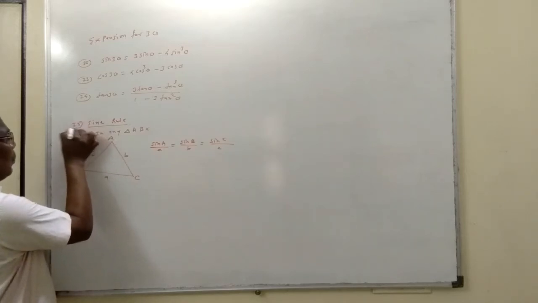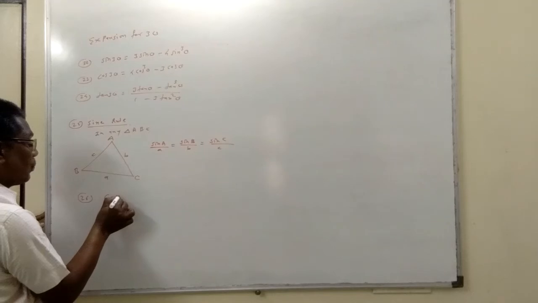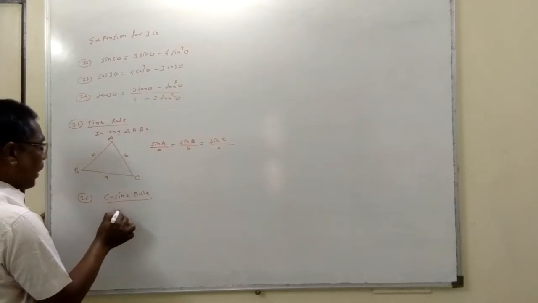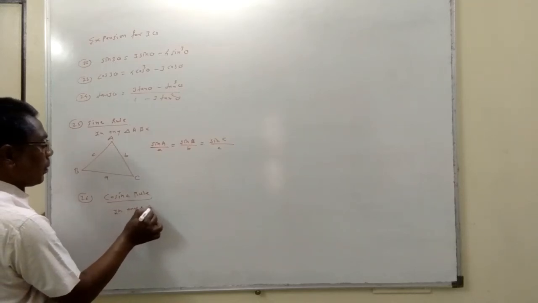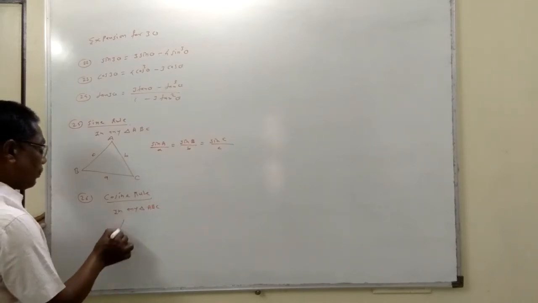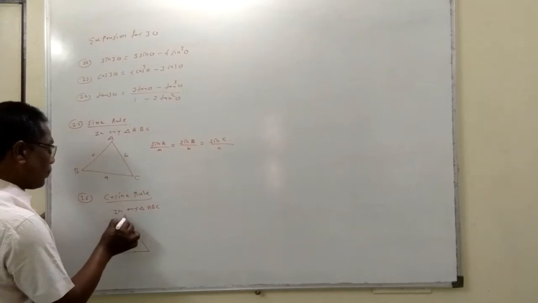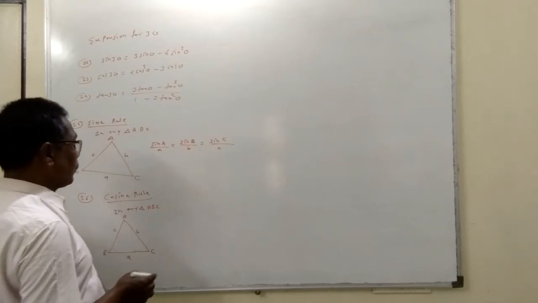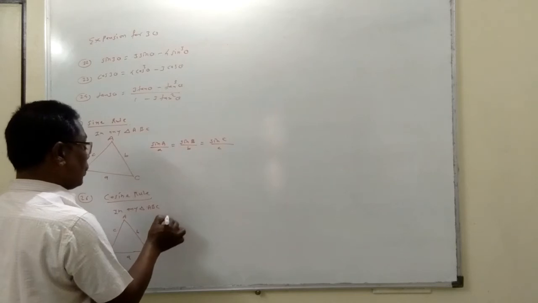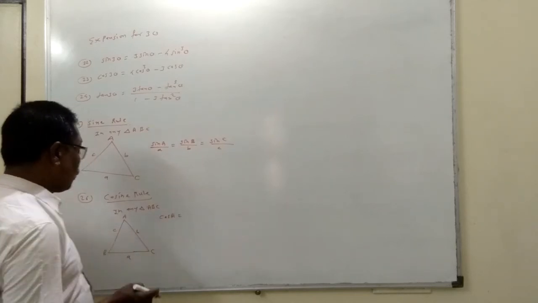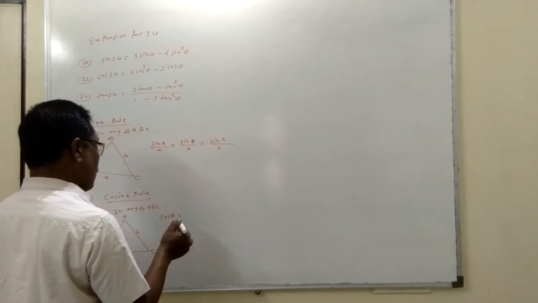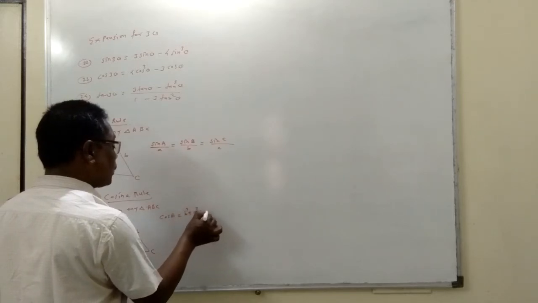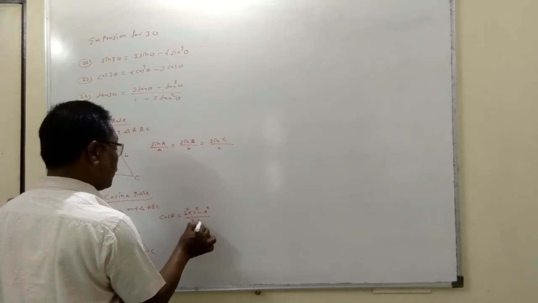Next, we will understand the cosine rule. In any triangle ABC, cos A is equal to b square plus c square minus a square divided by 2bc.